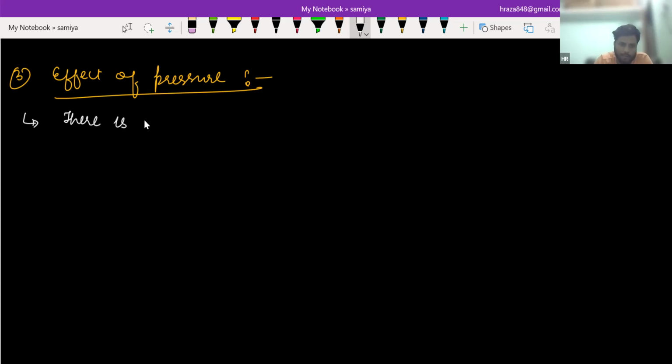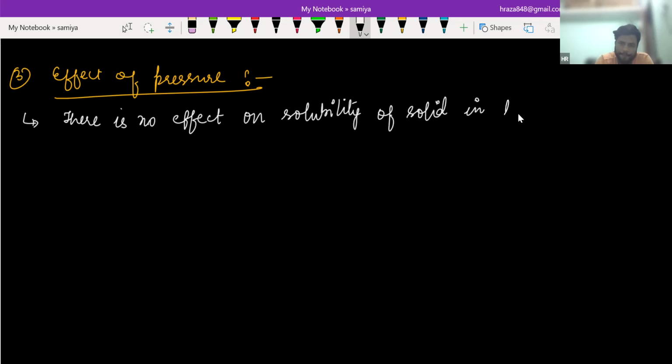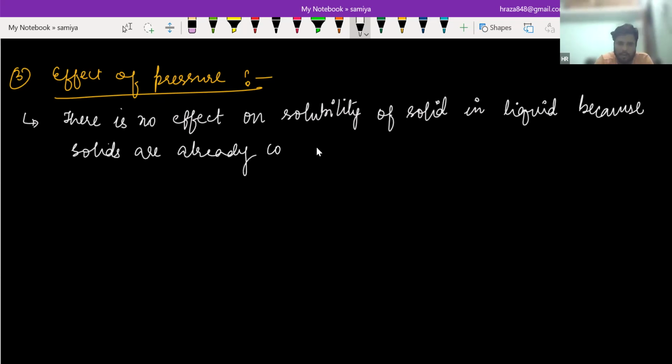There is no effect on solubility of solid in liquid, because solids are compressed. So there is no effect of pressure on solid in liquid.